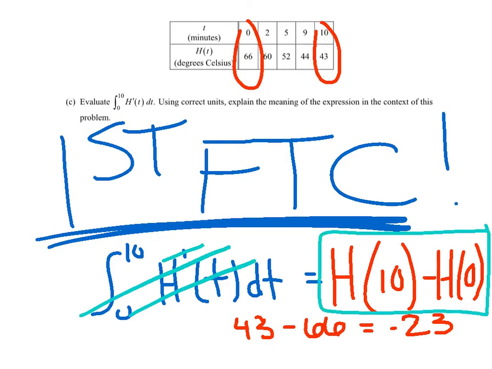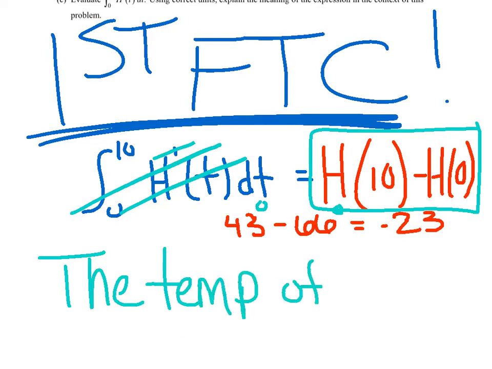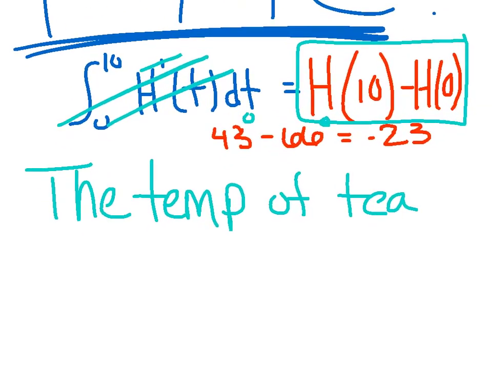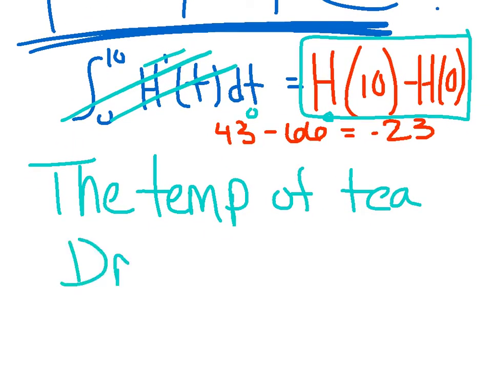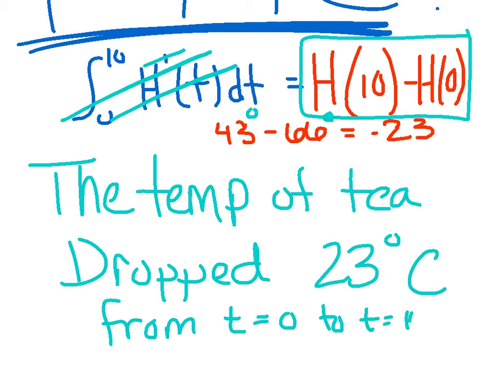Well, if I evaluate h of 10, I get 43 degrees Celsius minus 66 degrees Celsius. Basically, what I'm describing is that the temperature of the tea, I believe this question was about, dropped 23 degrees Celsius from t equals 0 to t equals 10, or you could say in the first 10 minutes.